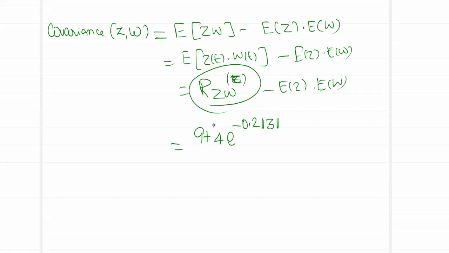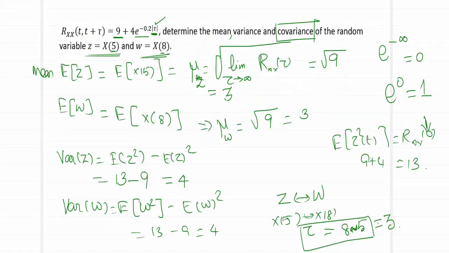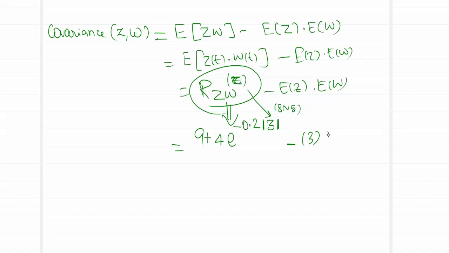So this is what I have for my autocorrelation when the tau is replaced as 3. How do we get this 3? It is 8 minus 5. Minus, what is this E of Z? E of Z is the mean of Z, which we now know is equal to 3. And what is E of W? E of W is also equal to 3.